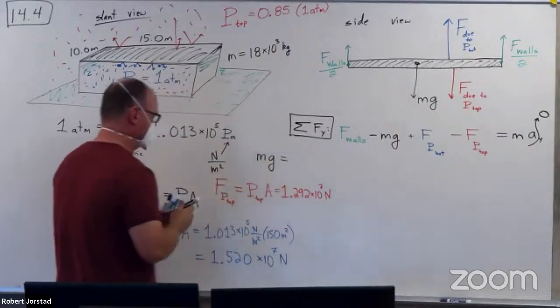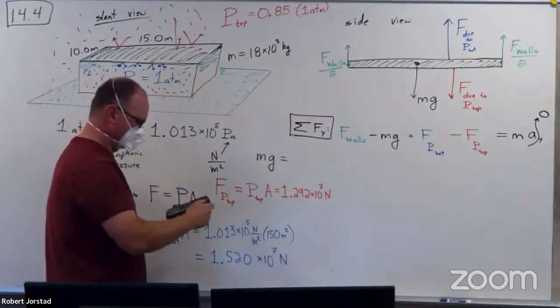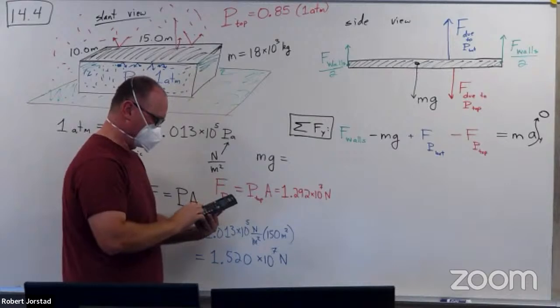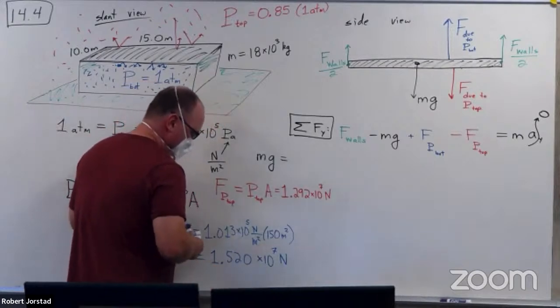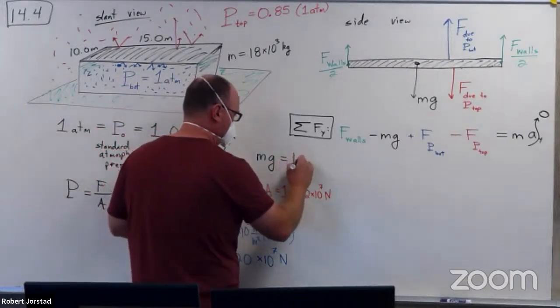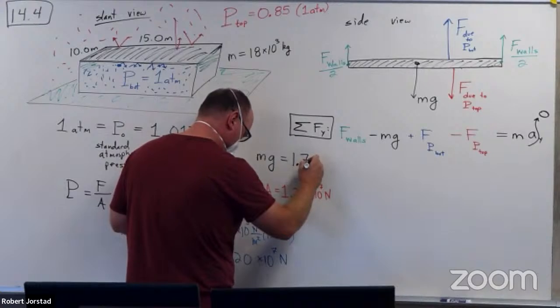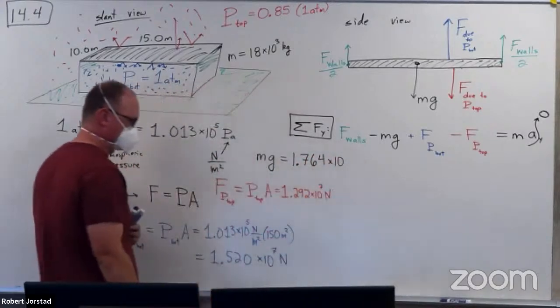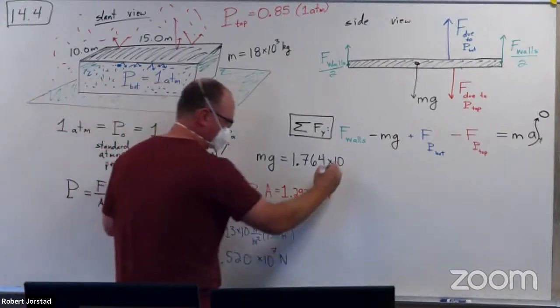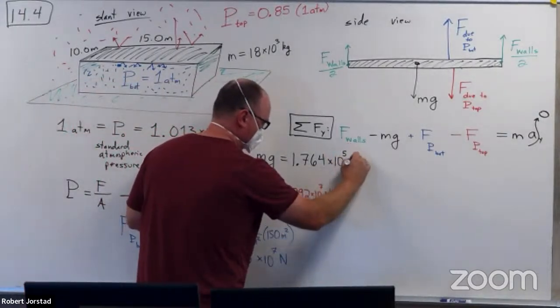So mg is going to be 18 E3 times 9.8. All right. 1.764 times 10 to the fifth newtons.